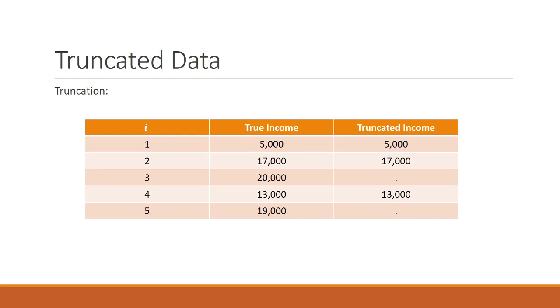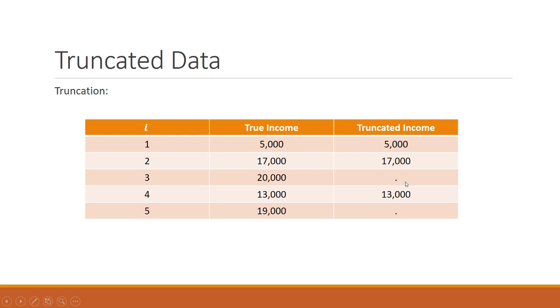In our example, the cutoff threshold is 18,000, and so what we see here is that if they have 5,000 income, we have data on the person who has 5,000 annual income, and we have data on the person who has 17,000 annual income, and we have data on the person that has 13,000 in annual income. But this person who has 20,000 in annual income, the data is missing. I just use this dot to represent missing data.